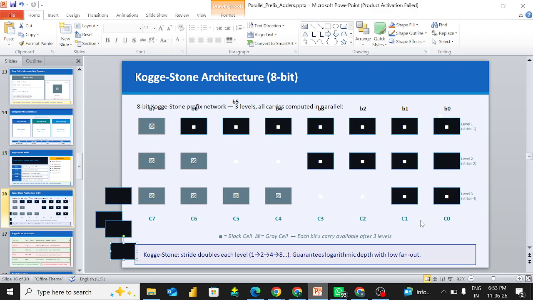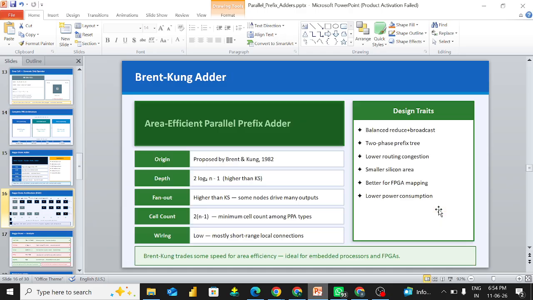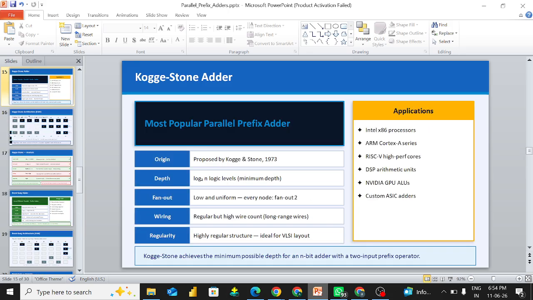It thinks like that, and this will be your last stride. Then it will generate the output. Just notice the pattern.